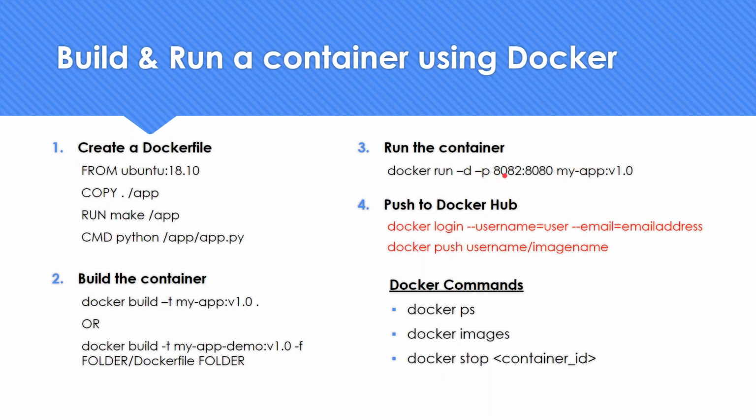The first port is your host, your Cloud Shell, the port you want to listen on, and the second port is the port of your container which is exposed, followed by your container image with the complete tag information.